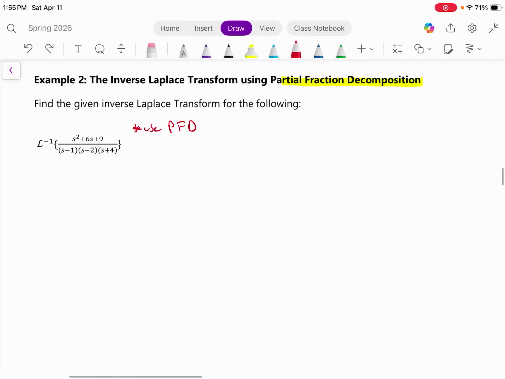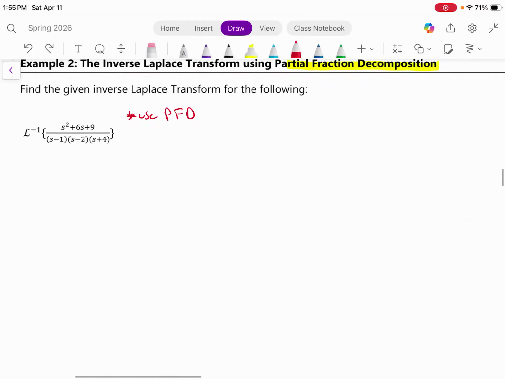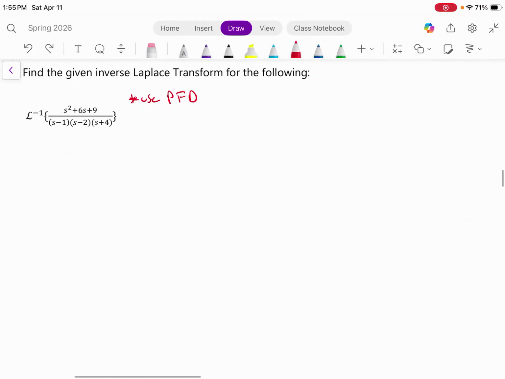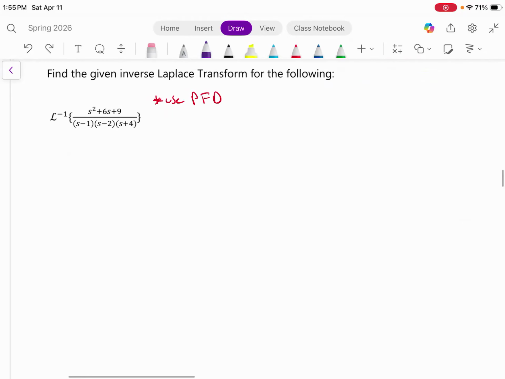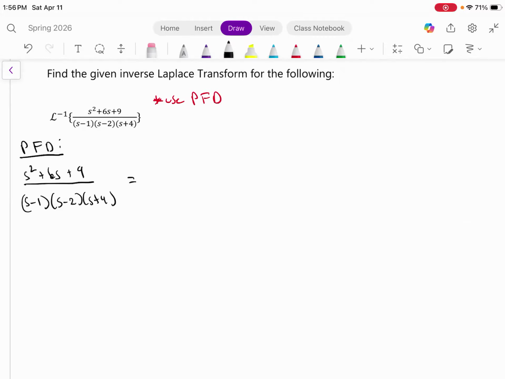We want to start partial fraction decomposition on this function. So we have s squared plus 6s plus 9 all over (s minus 1) times (s minus 2) times (s plus 4), and we need to decompose this term by term.